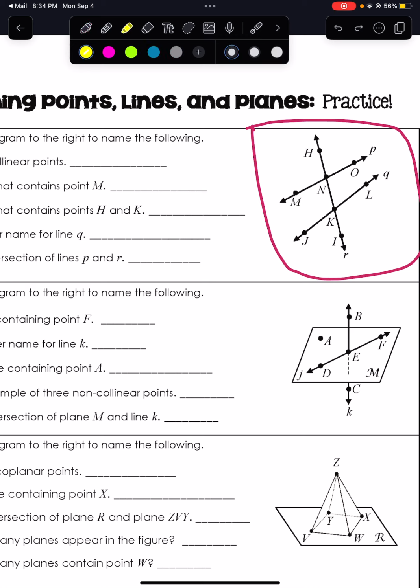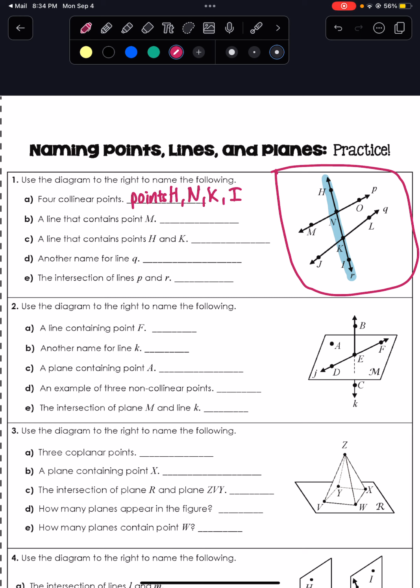So the line I see is right here, and that would be points, and remember, we're using all capital here for points H, N, K, and I. Do you see how they're all on the same line? Both other lines only have 3 points on them.